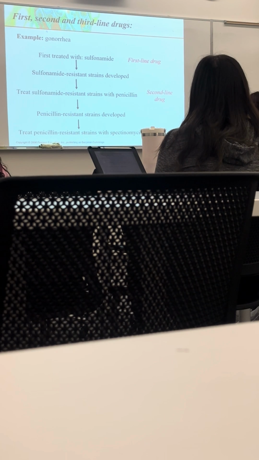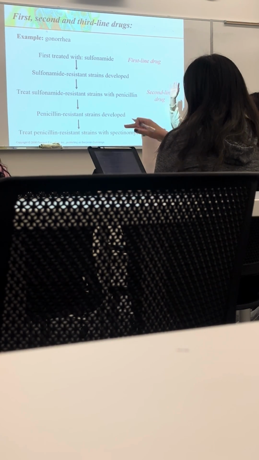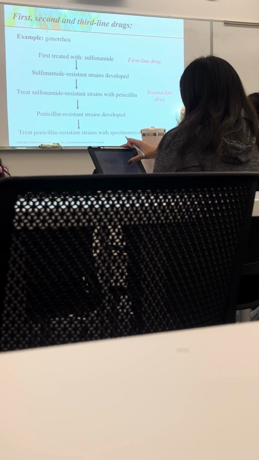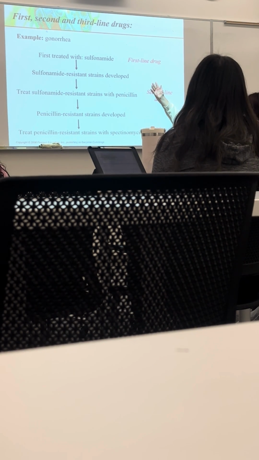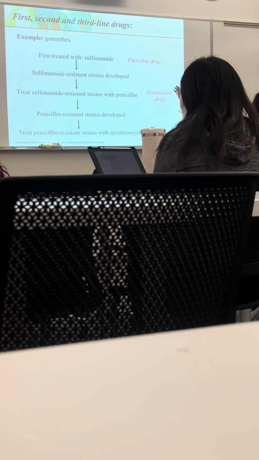Then what am I gonna do? Give the next one, right? We do have some strains of gonorrhea, yeah. We got like 7 different antibiotic resistances on there, okay? That's kind of scary.